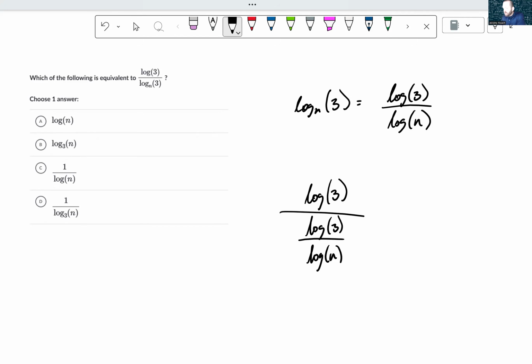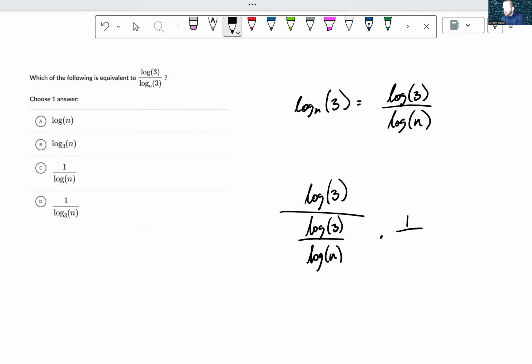And if you're really good at simplifying these, if this is okay, I understand this very well, that's great. I'm just going to show you the long way of how to solve this. So we want to get rid of this fraction on the denominator. So I would just solve it this way. There's a couple different ways you can solve it, but this is how I would solve it.